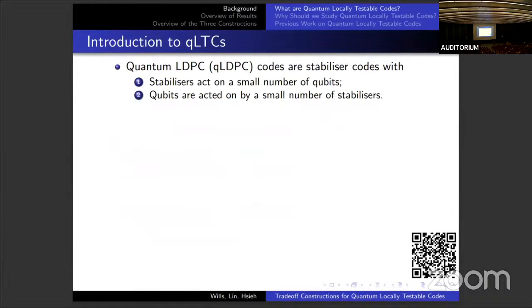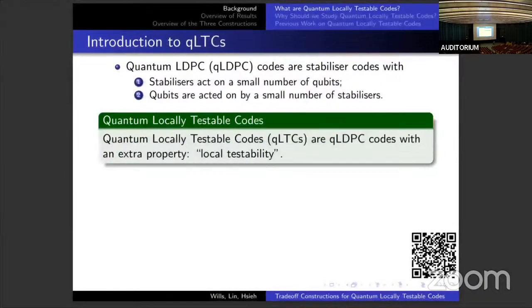So first of all, what are quantum locally testable codes? Well, they're kind of in the same ballpark as QLDPC codes, and I think that will be relatively familiar in this room. So the idea is that for fault tolerance reasons, you want to have every stabilizer containing only a small number of qubits and every qubit getting acted on by a small number of stabilizers. We're interested in this idea, but not for the reasons of fault tolerance, but for local testability.